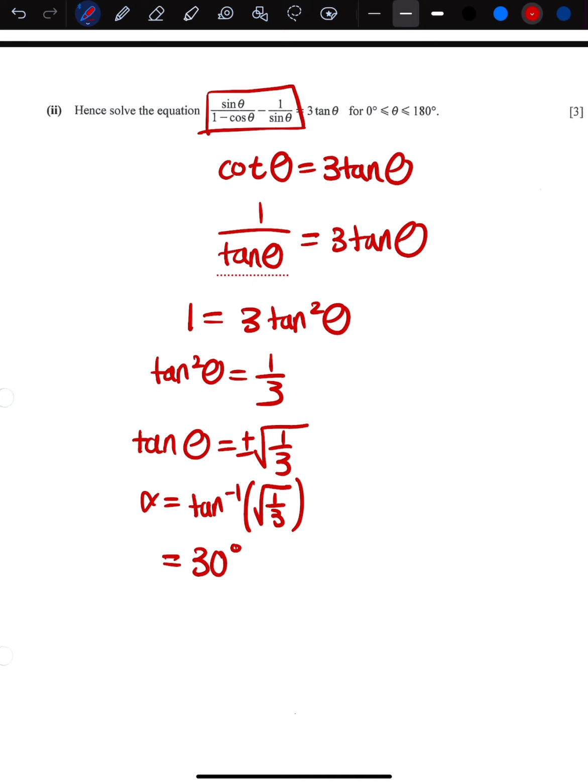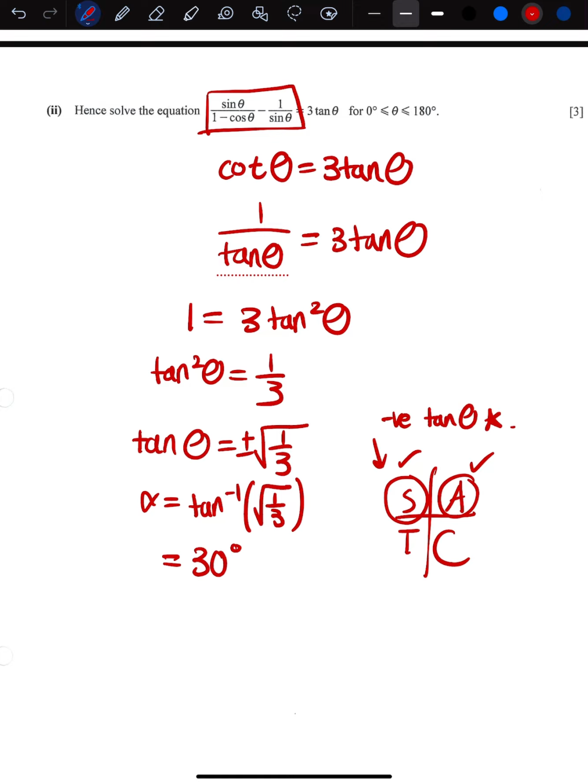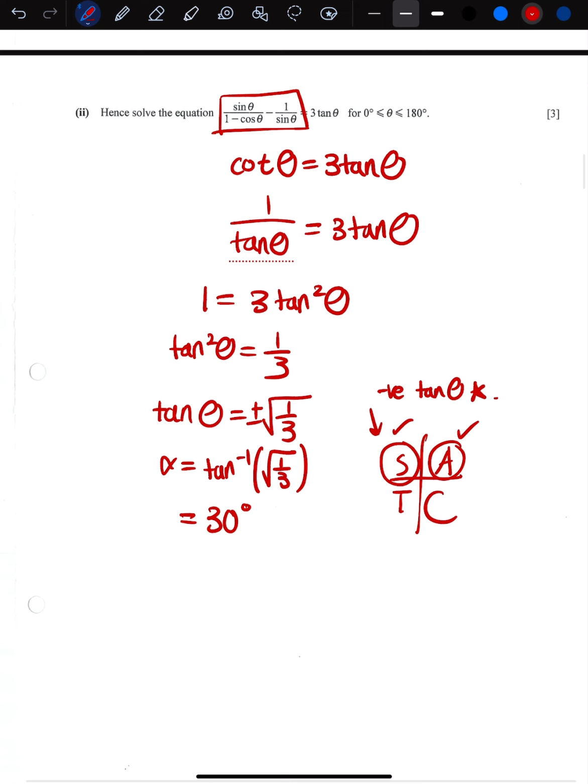And from here, we are going to use our ASTC. Which quadrants do we lie in, considering the range of theta to be 0 to 180? Well, we need to know that in the A quadrant, of course, because we have positive, and not just that, but also in the S quadrant, because this is when the negative tangent theta appears, right? So therefore, we can conclude that we just have two answers.